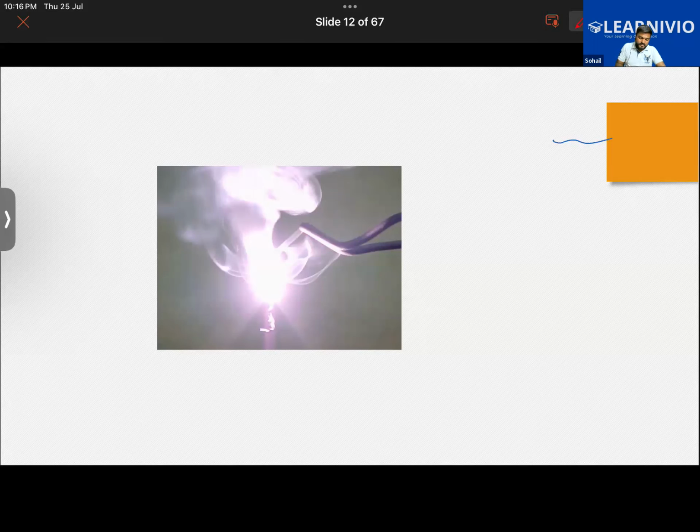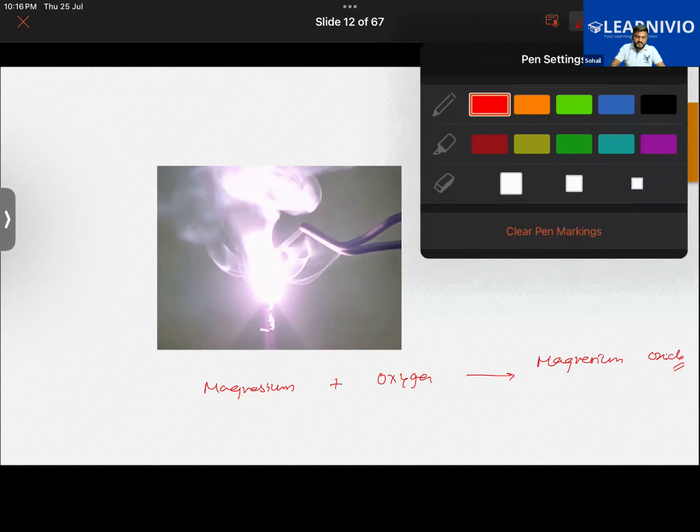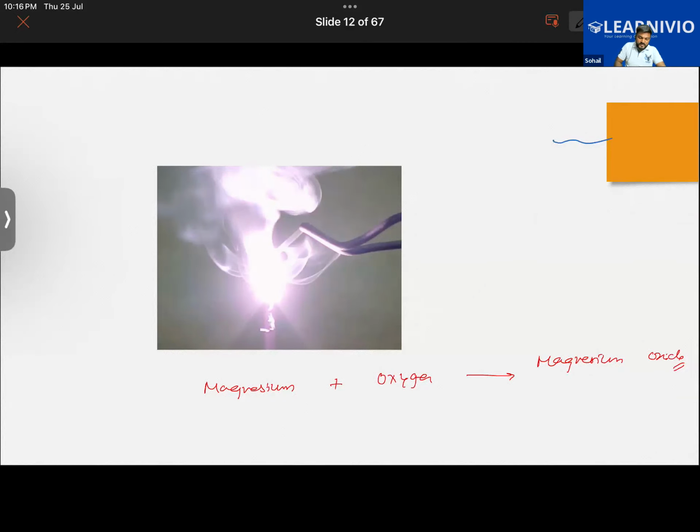When magnesium is burnt in air, it reacts with the oxygen and forms a substance called magnesium oxide, and in this process, it gives off a white dazzling light.